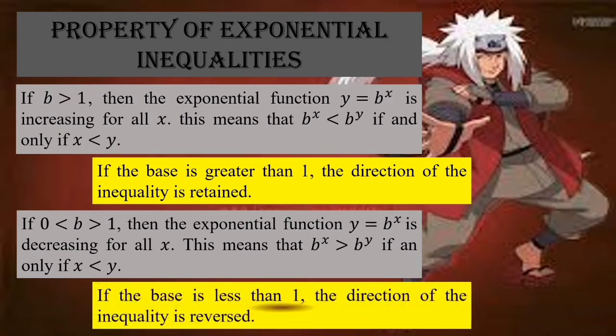So dito, if the base is less than 1, the direction of the inequality is reversed. So babaliktarin natin dito. Kunwari, ang base natin is between 0 to 1, 0.5, 0.23, yung direction ng inequality natin ay mababaliktad or marireverse ito.